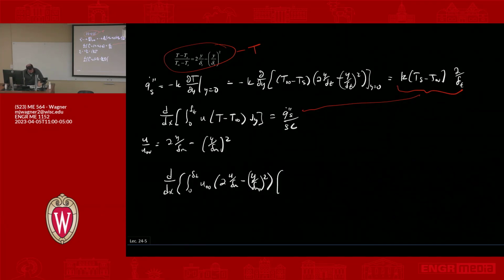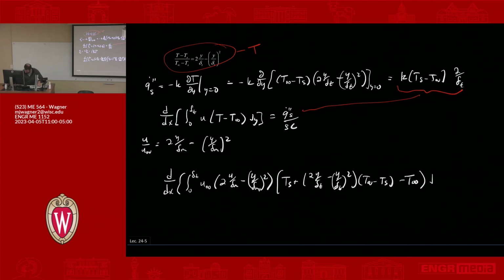So temperature is Ts plus 2y over delta t minus y over delta t squared times T infinity minus Ts, minus then T infinity.